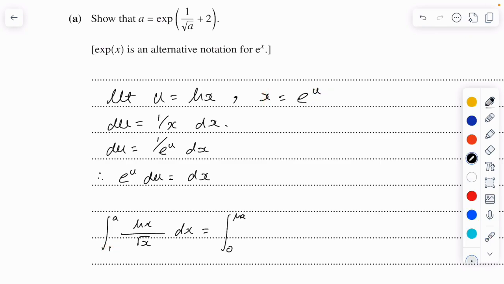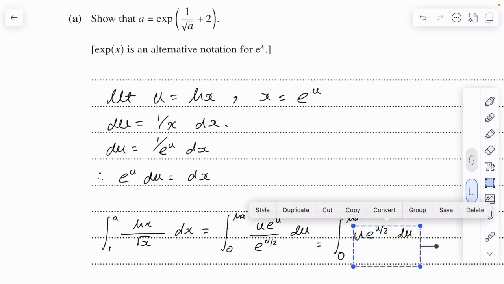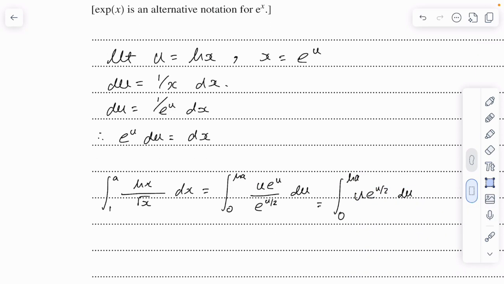And we can then say that's equal to the integral of u e to the u over e to the u over 2 du, which is therefore going to equal the integral with ln a at the top and 0 at the bottom of u e to the u over 2 du. Okay, perfect.